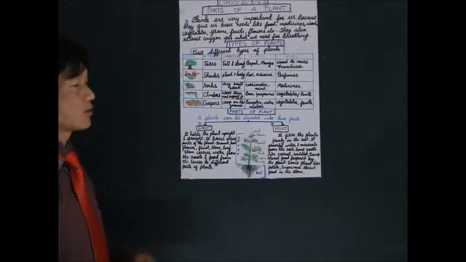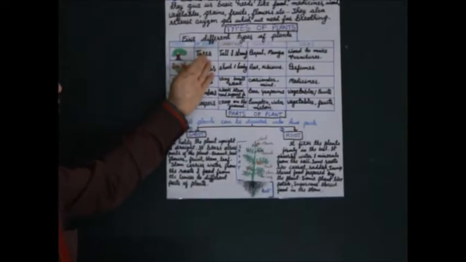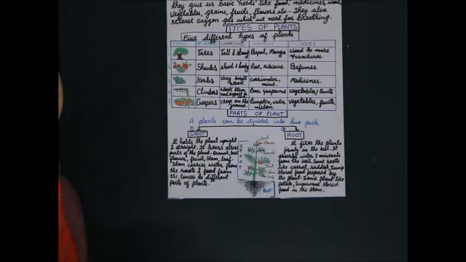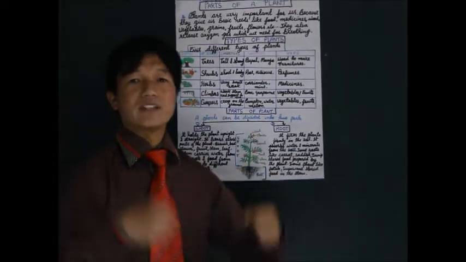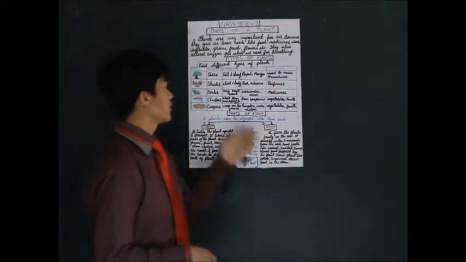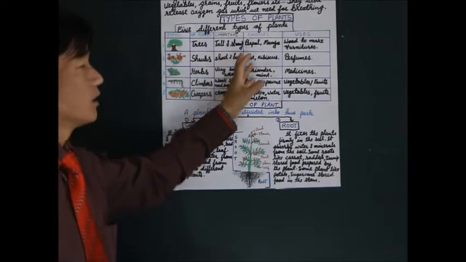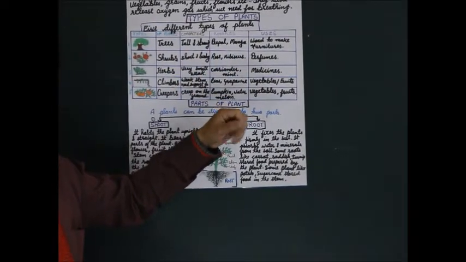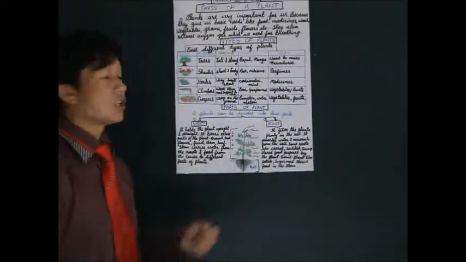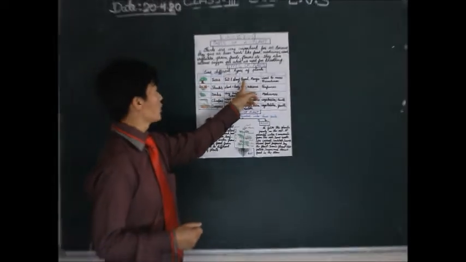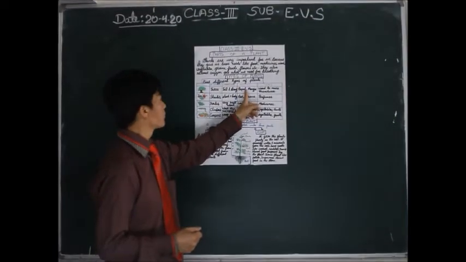Number one is trees. What are trees? Trees are very tall and strong plants, like mango tree, orange tree. All these are tall and strong plants.